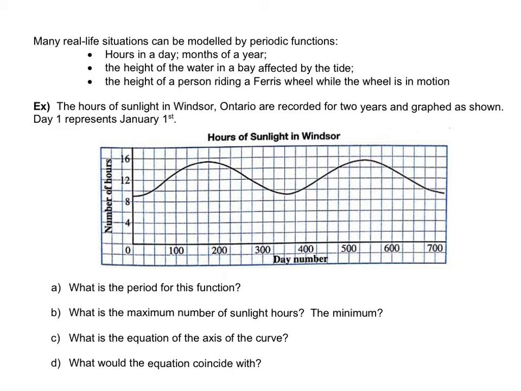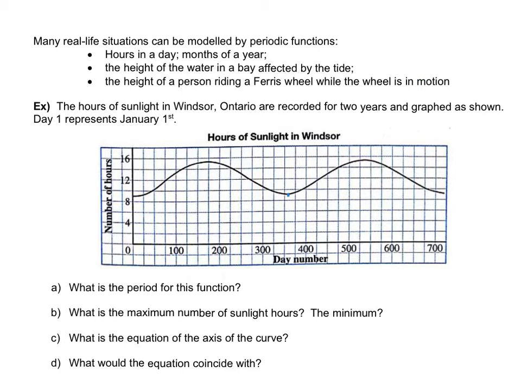So here's an example. The hours of sunlight in Windsor, Ontario are recorded for 2 years and graphed as shown. Day 1 represents about January 1st. So we've got the hours of sunlight in Windsor and the number of hours on the y-axis, and the day number since it started to be tracked. What's the period of the function? I want you to think about this. It's kind of hard to read based on our scale here.